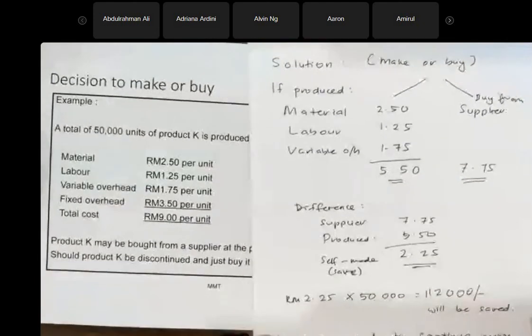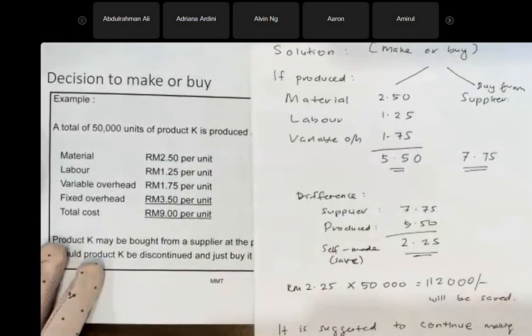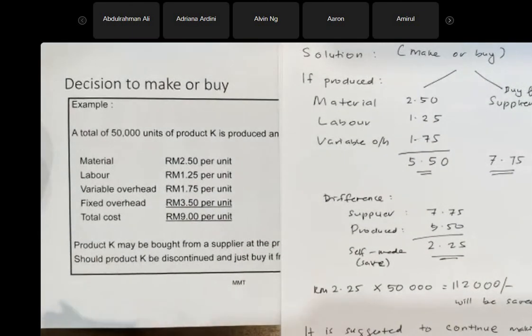Ada question? Tak ada kan? Senang je kan? Ada last macam you want to justify je. If you say yes you accept ke, you want to make ke, ataupun you want to buy ke, apa benda pun, you have to justify. How to justify? By doing some analysis.